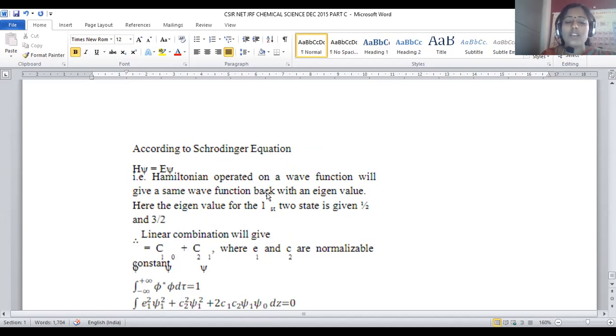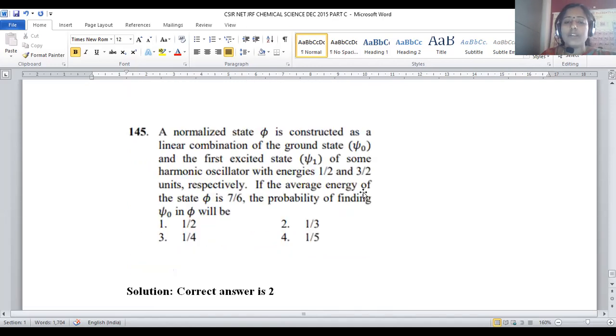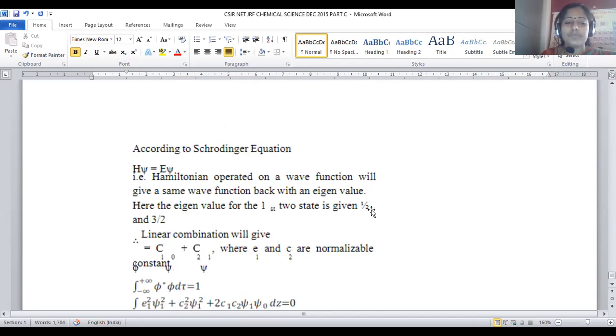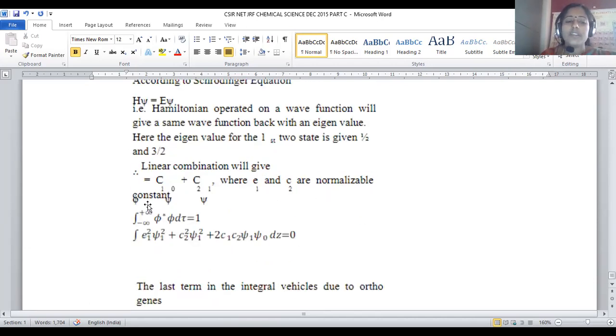Here, the eigenvalues of the first two states are 1/2 and 3/2, provided within the problem. So the linear combination is given as C1 psi 0 plus C2 psi 1, where C1 and C2 are the normalization constants.